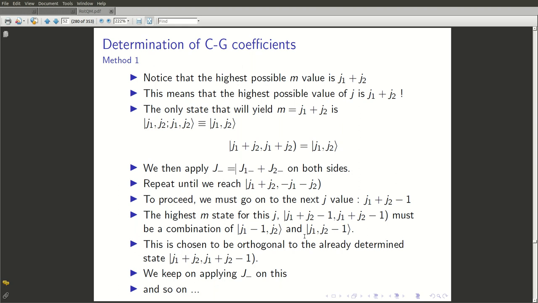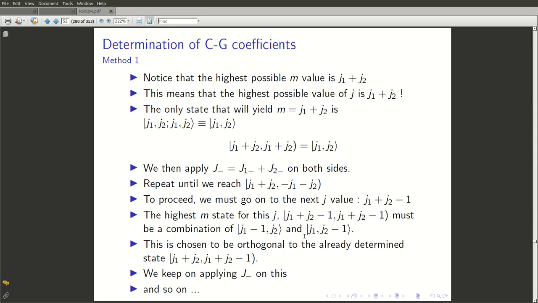Remember, we built up our direct product space by taking a direct product of a 2J1 plus 1 dimensional system H1 for the system A, and then the twice J2 plus 1 vector space for the system B. So the direct product is 2J1 plus 1 into 2J2 plus 1 dimensional. So once you have found out all the possible eigenstates, you have counted them and found out that you have got exactly this number, you have found out all that there can be.